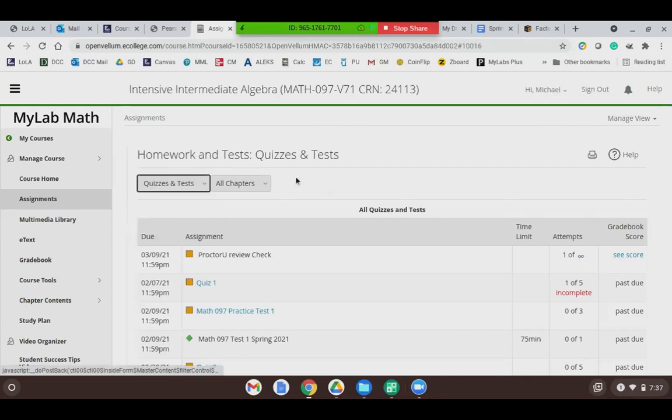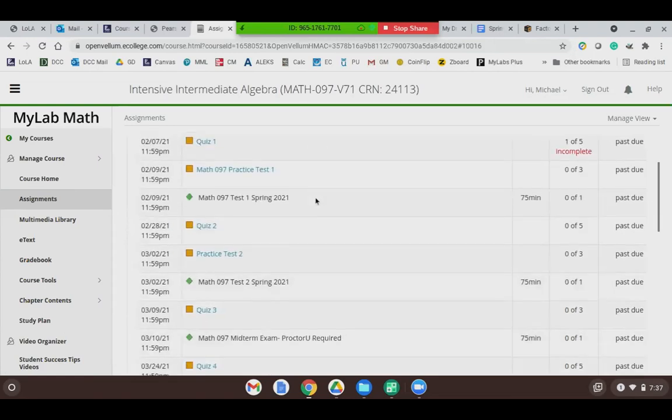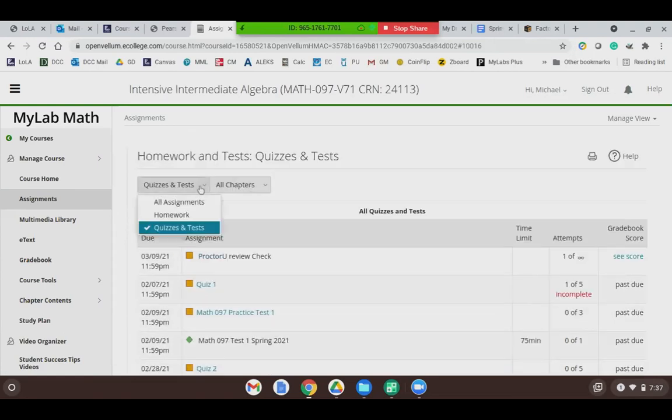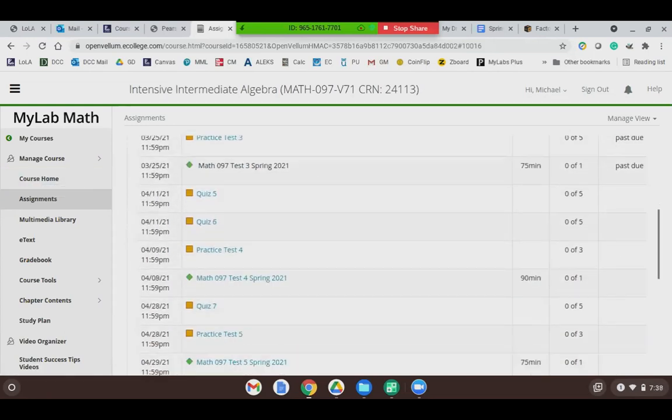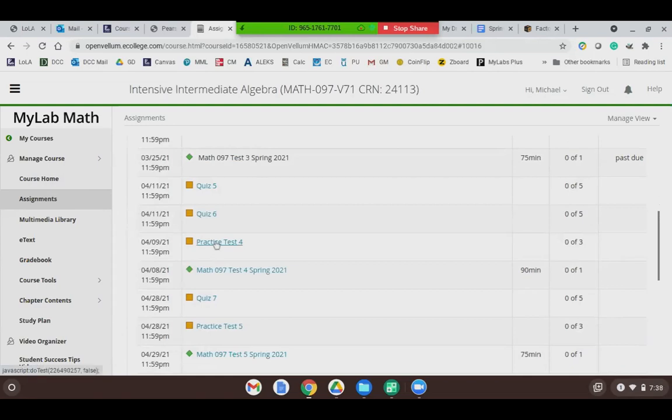If you just have homework, you're not going to see the quizzes and tests. You can see it in course home, but you should be able to see this right here. I got it, and this is my student view. This is what I see as a student.